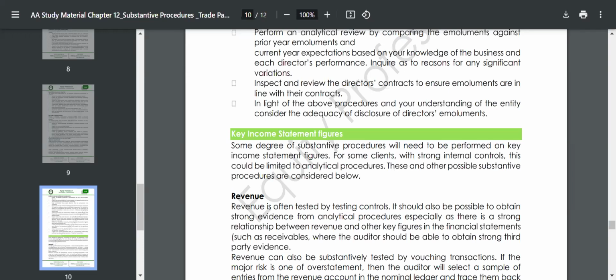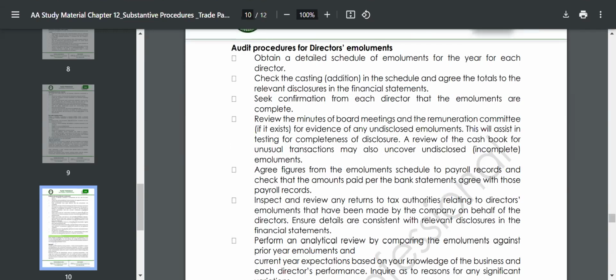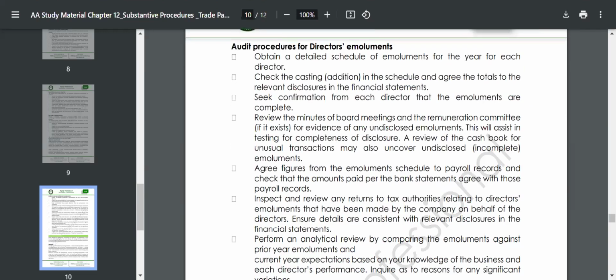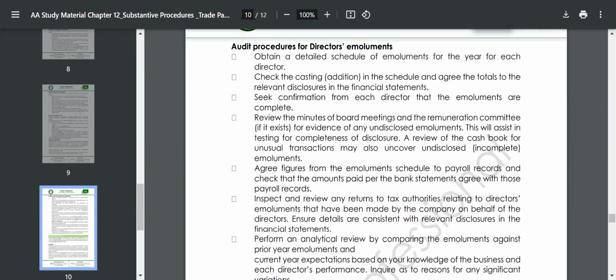What happens? If you look at the substantive procedure that will be carried out by the auditor under remuneration of directors, the most important thing here is that the auditor must ascertain what total amount is due for a director.